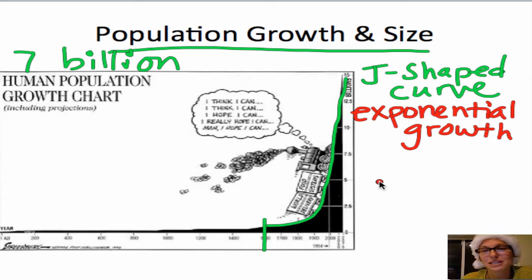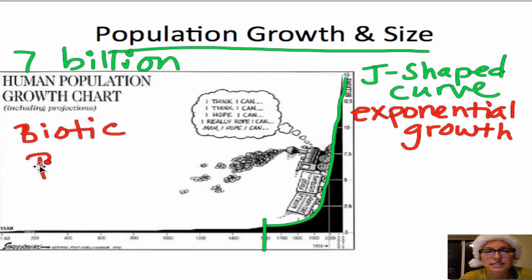There is unlimited space. We have an unlimited amount of food to eat, air to breathe, clean water, and we don't really have much competition either. We don't have competition from predators, and neither do we have competition within ourselves. So you can say that our human population is acting like this thing called biotic potential exists.